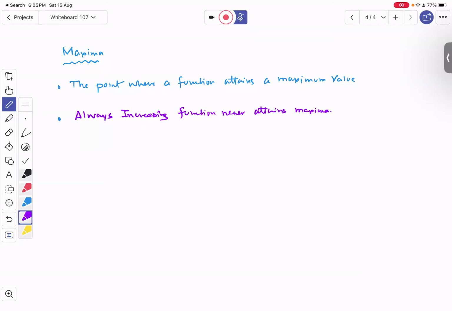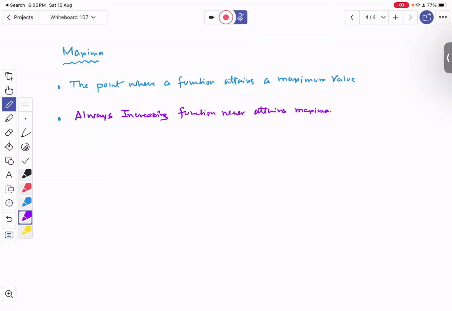Suppose you have a hypothetical bank account which will be running forever, and an artificial intelligence, maybe a robot, which will live till eternity, is adding some amount of money into that account daily. So if I ask you when the account balance will be maximum, you can never know, is it not?